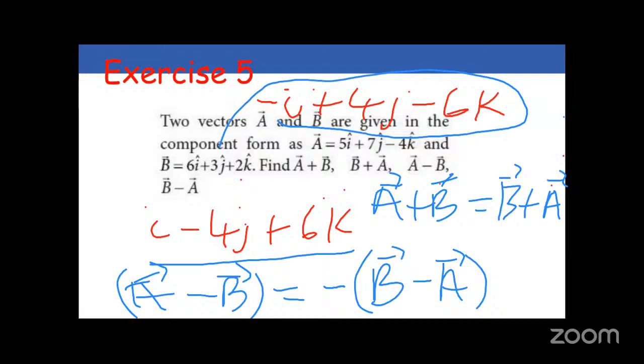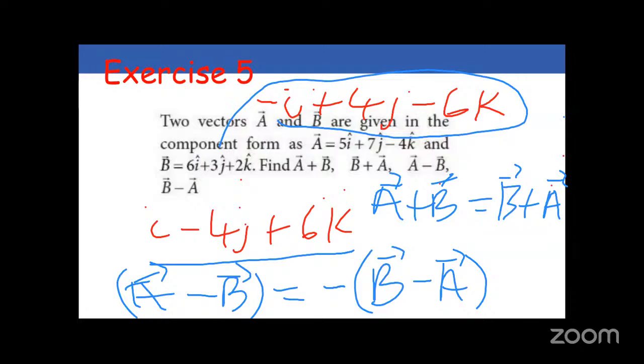Commutative law simply means that the manner in which the vectors are added will not affect the outcome of the vector addition. So if I add A to B, it's the same as adding B to A.